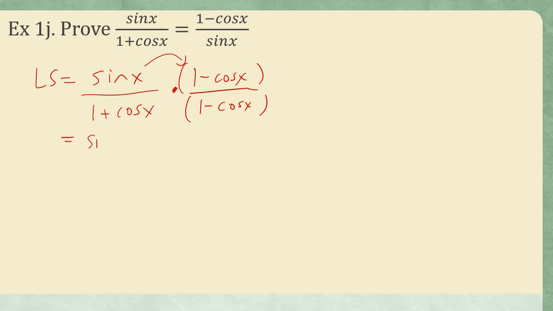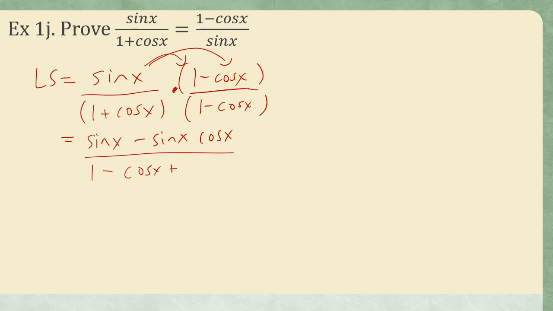Okay, that's sin x and negative sin x cos x. And do the same thing on the bottom, FOIL this time. First comes first is 1, outside, negative cos x, inside, plus cos x, last, minus cos² x. Well, that's good because those cancel. Negative cos x plus cos x, they're gone.